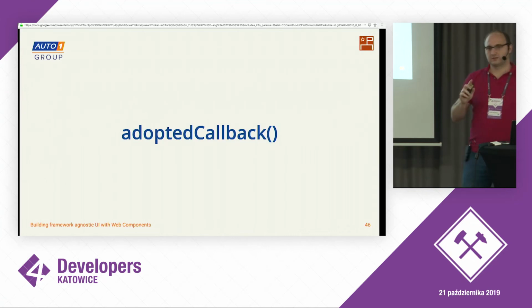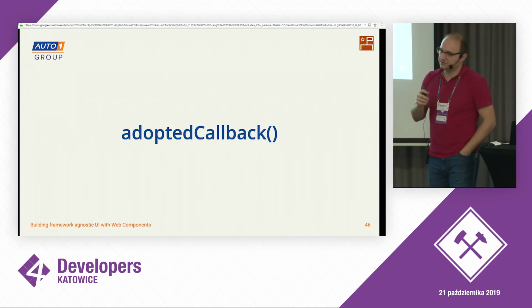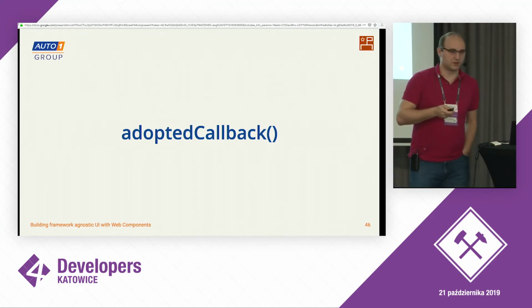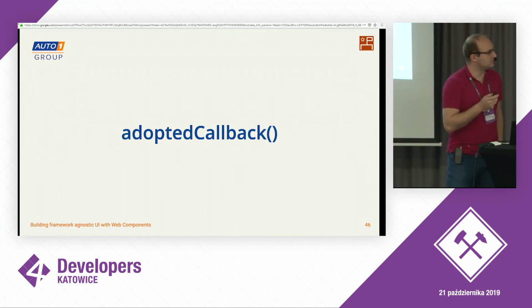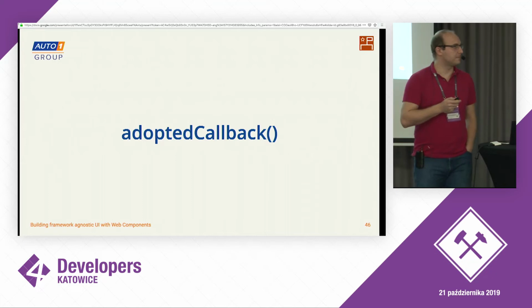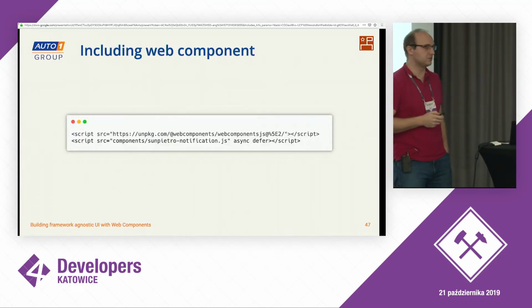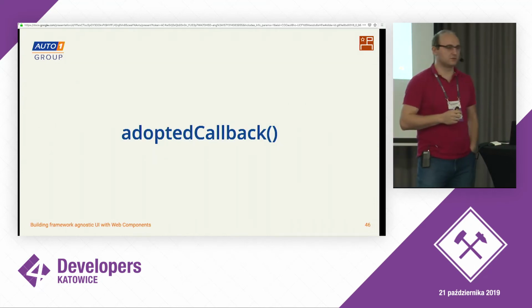And there is one last callback, rarely used, but I wanted to mention that. It's the adopted callback. What is it used for? In most cases, it's used when you are changing the parent of the element.